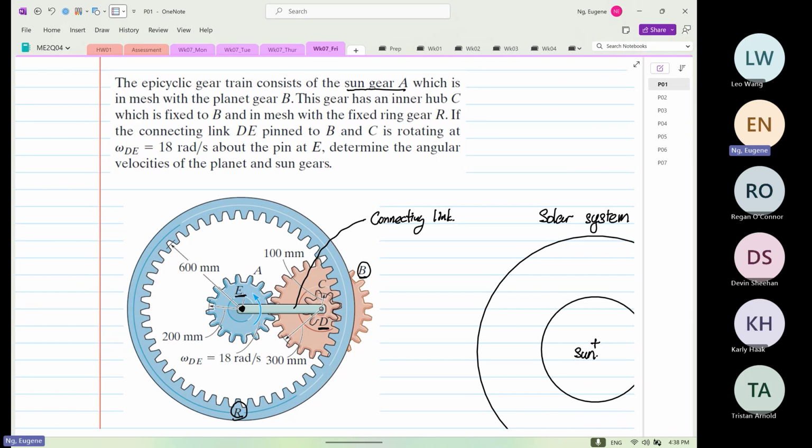It's rotating at 18 radians per second about the pin at E. Determine the angular velocities of the planet and the sun gear. So let's see what we need to find.